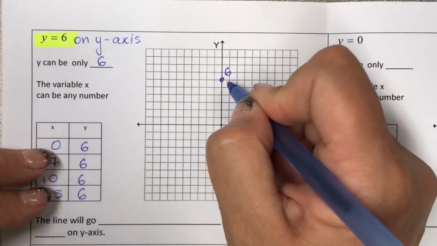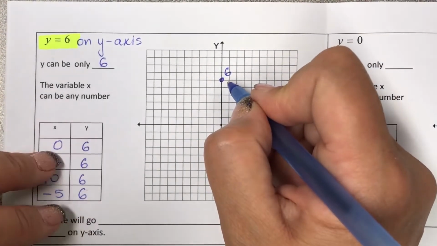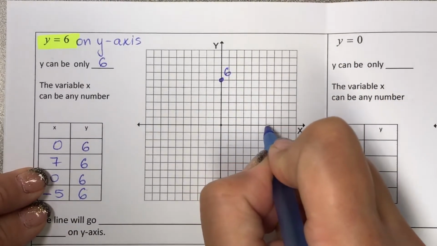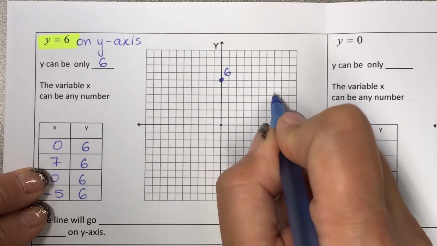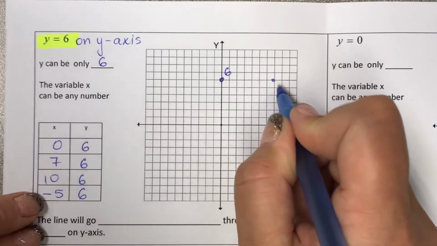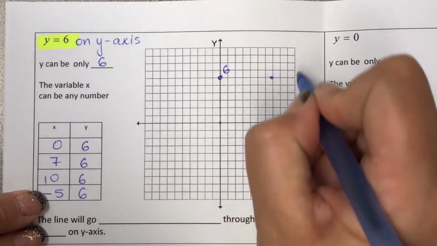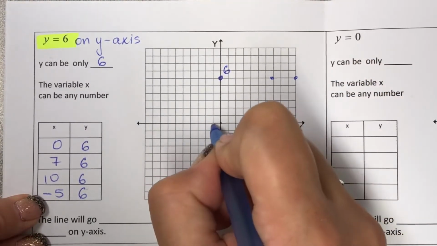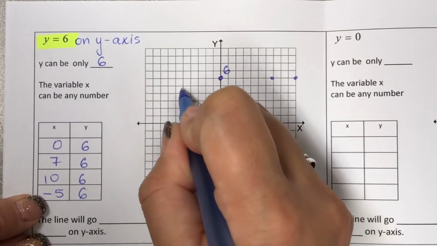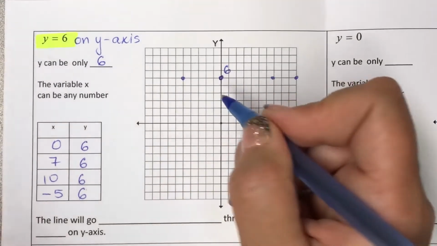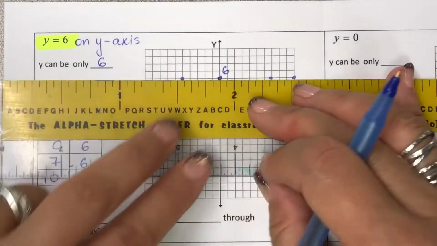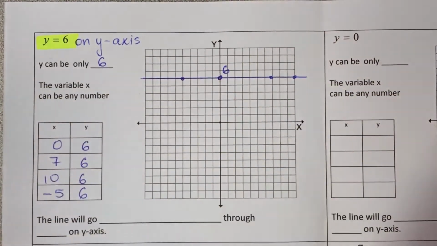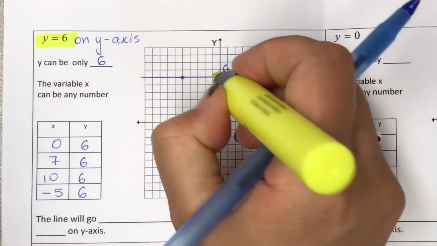Plotting, 0, 6 is my first point, and that is the y-intercept. Then I have 7, 6, and then 10, 6, and then -5, 6. All the points will be lined up horizontally, going through that 6 on the y-axis.